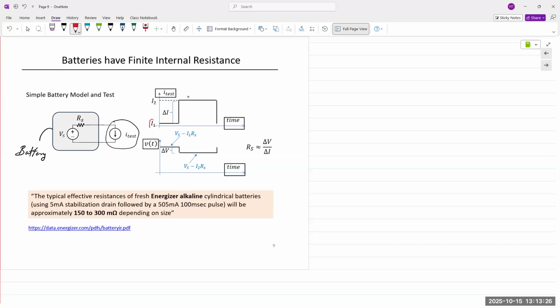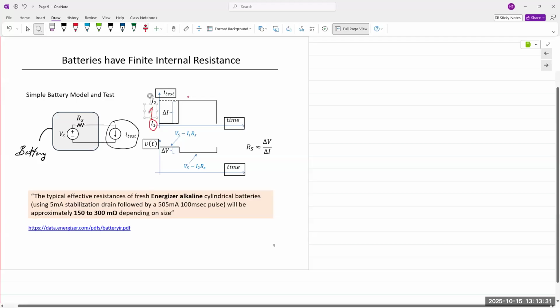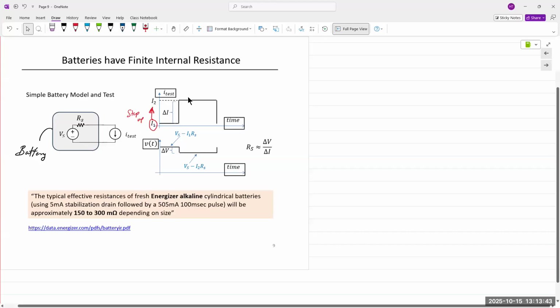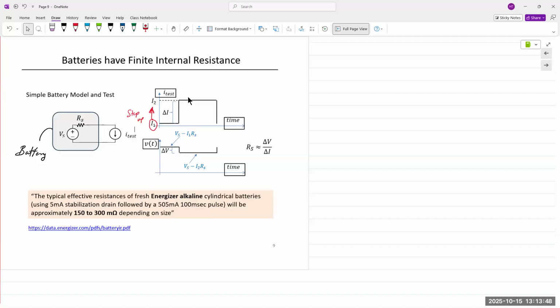We first apply a small current I1 and then step up to I2. And then we measure the voltage that is available at the output terminals. Remember, we cannot probe inside this. It's sealed, it's internal. That means we cannot probe inside that battery itself.